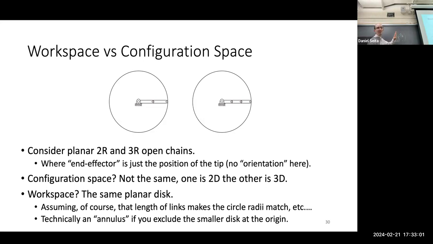There are different configurations that lead to the same end effector position. But when we're talking about configuration spaces, if there's an obstacle here, but not one here, then we have to avoid this one. So the configuration matters because it tells us where the full robot is.